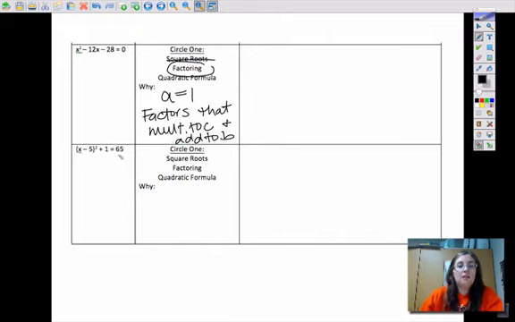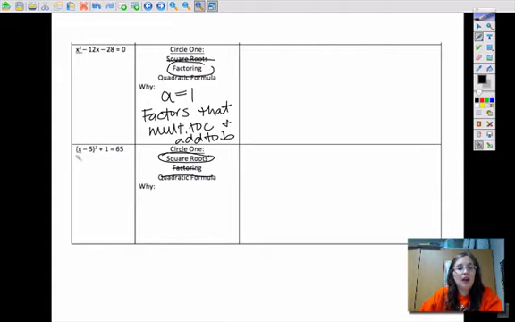And then my very last one here, I have to decide. It's not in general form. And when it's not in general form, and it's not already in factored form, I know that I'm probably not going to use either of these. I could expand out this first part and I could use the formula, or I could try to factor. But actually the quickest way to solve this is going to be to just take the square root.